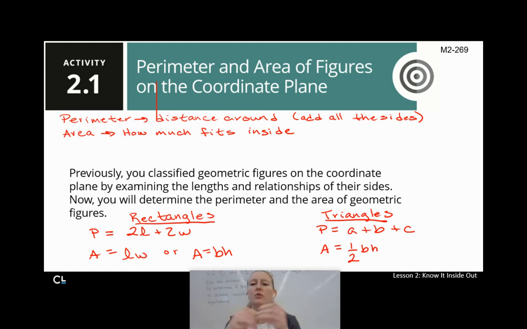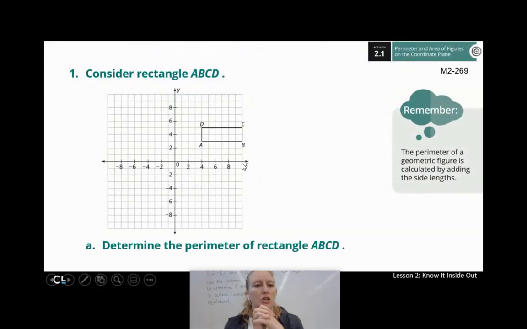You want these formulas, you need these formulas. I really recommend that you write these formulas down somewhere, because they are about to become super duper handy for what we're about to do. Knowing these formulas now, what a perimeter is, what an area is, I would like you to go to question number 1 on page M2-269.